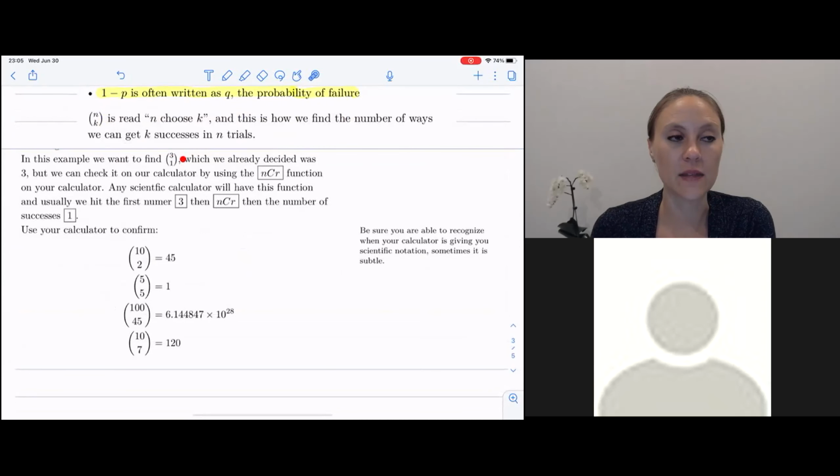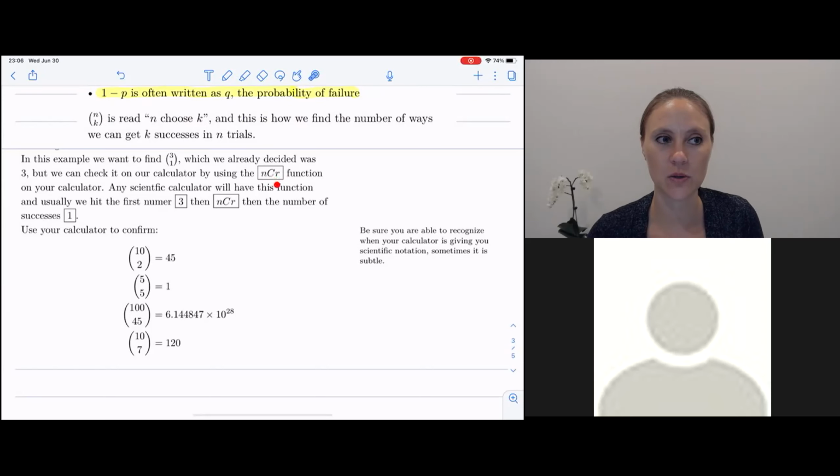So like I said, in this example, n is the number of trials, so 3, and k is the number of successes that we're interested in for this one probability, so it's 1 in this case. So we want to find 3 choose 1. We already know we're expecting 3, but we can check it on our calculator. Usually it's called nCr. You'll want to maybe Google your own calculator.